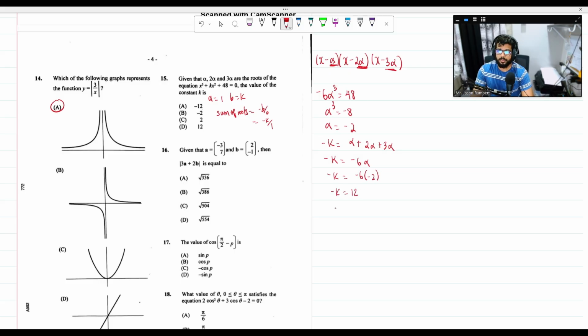Minus k is equal to 12. So k will be minus 12. This was a little heavier thinking question in this particular year. Actually, when I add them, I will get positive 6, not negative 6. So 6 multiplied by negative 2 is minus 12. So k will be positive 12.